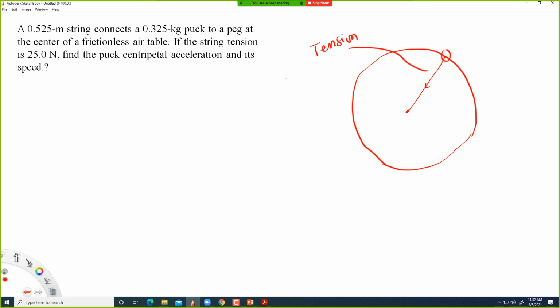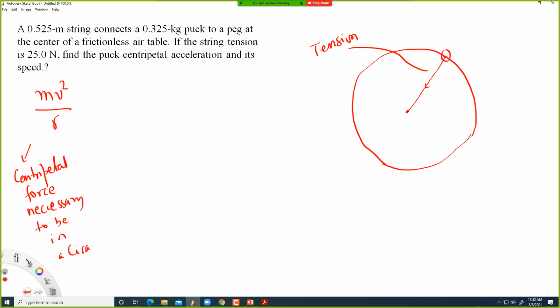Okay, so in this case, the centripetal force, which is necessary to be in a circular path or circular track, is provided by tension. Okay?